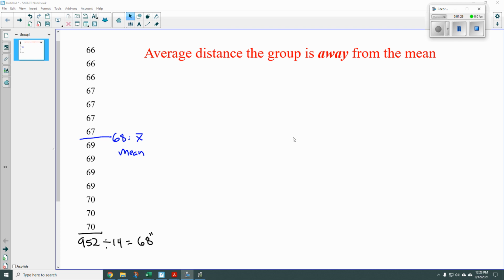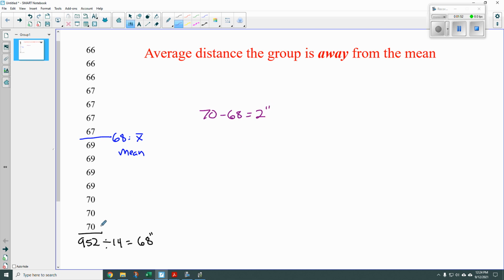Well, let's just take an example here. And let's look at the person who is 70 inches. 70 inches minus 68, which is the mean. They are 2 inches away from the mean.